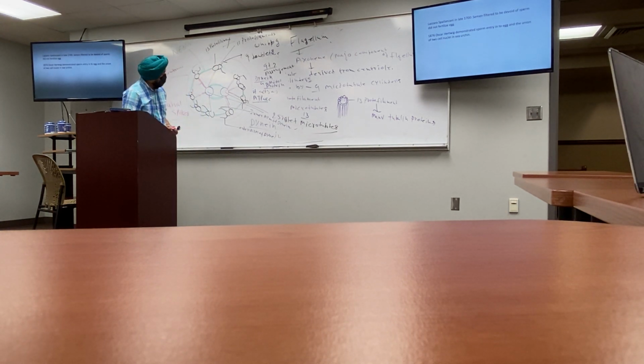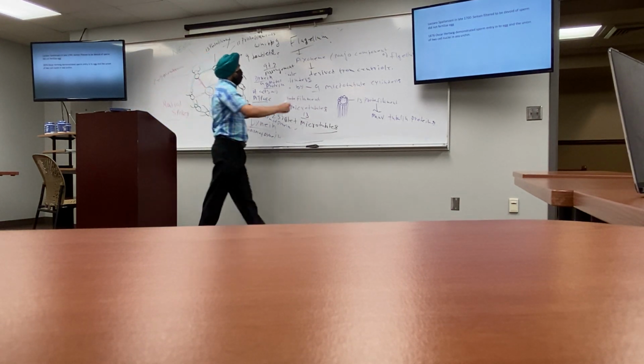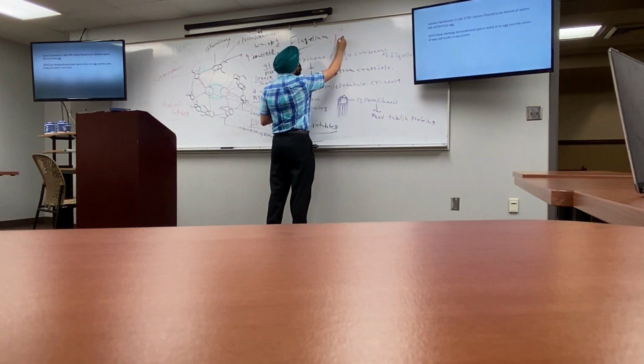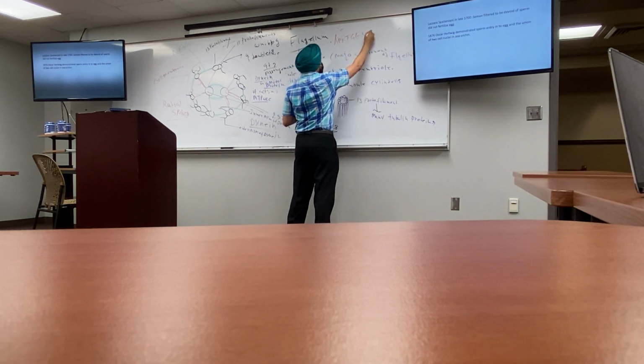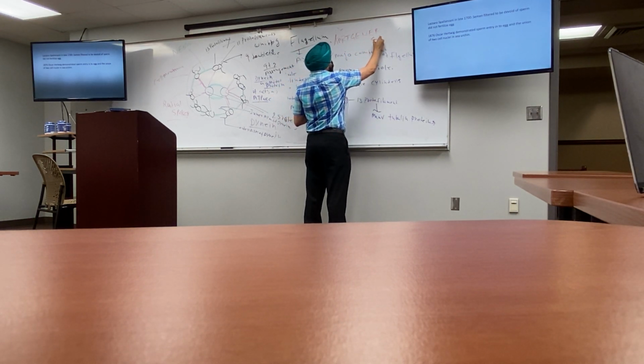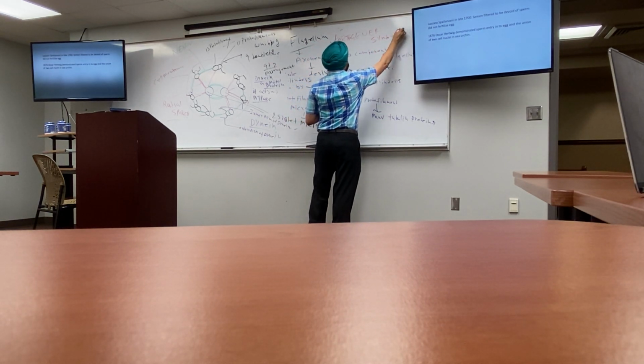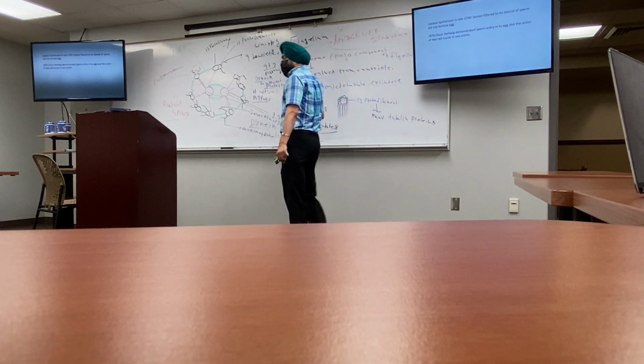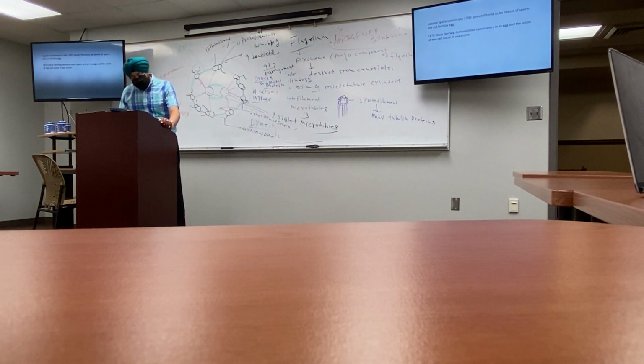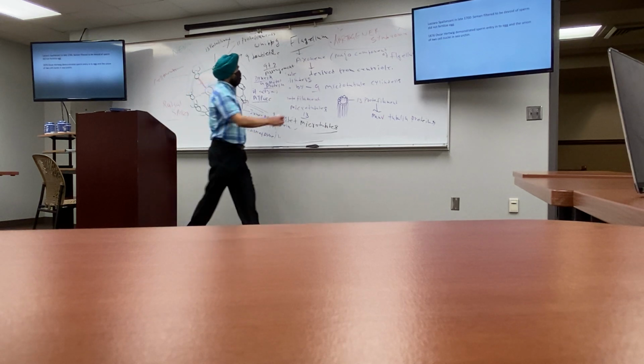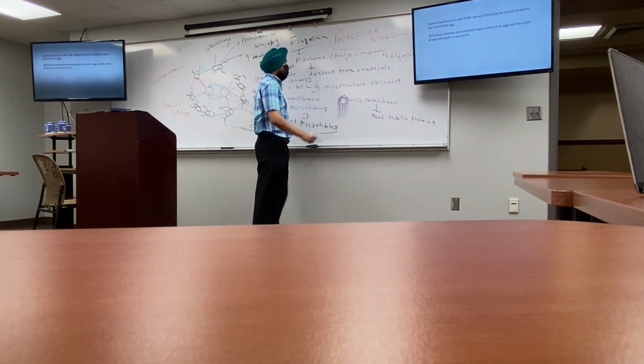Okay? And this is a critical protein. If this is not working, then what happens? That leads to Hart-Jenner syndrome. So if the dynein is not working, that leads to Hart-Jenner syndrome.